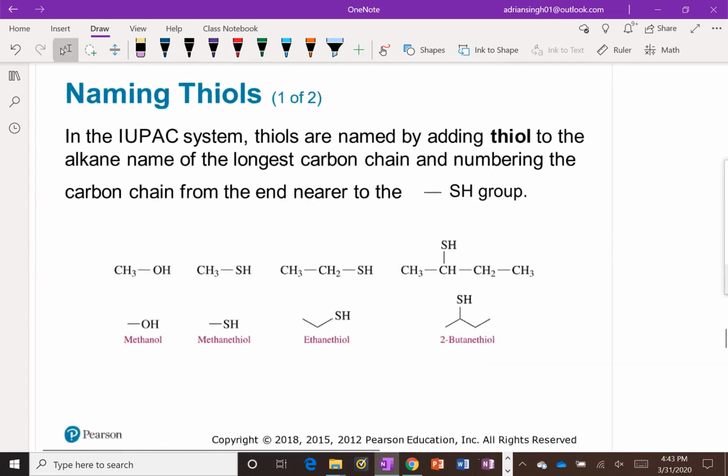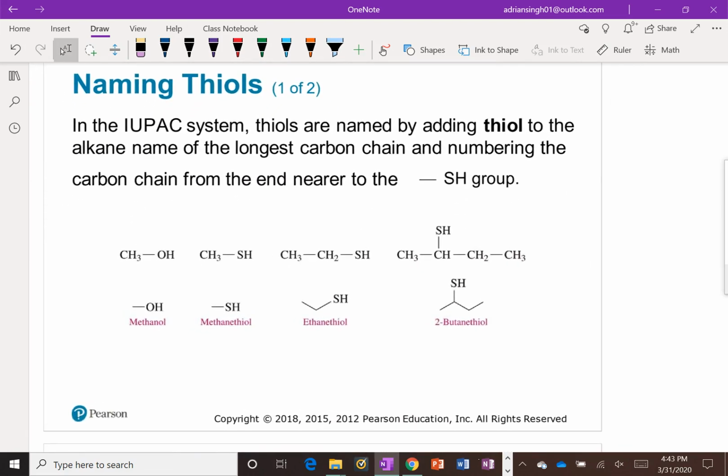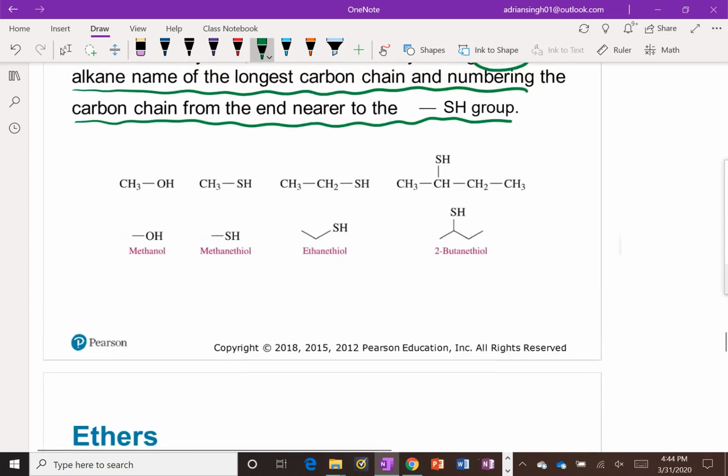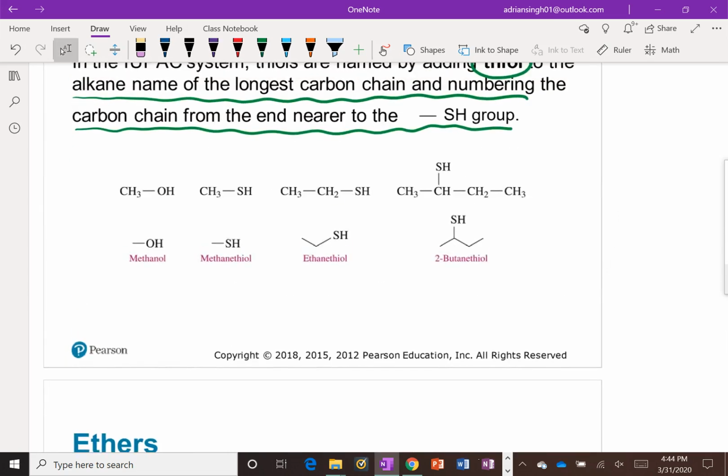All right, so the naming of the thiols is going to be a little bit more straightforward. We're just going to add the word thiol to the end of the alkane name of the longest carbon chain, and then we're going to say where that thiol group is located by numbering the carbon chain closer to the end where the thiol is. So for instance, we'll draw some comparisons here.